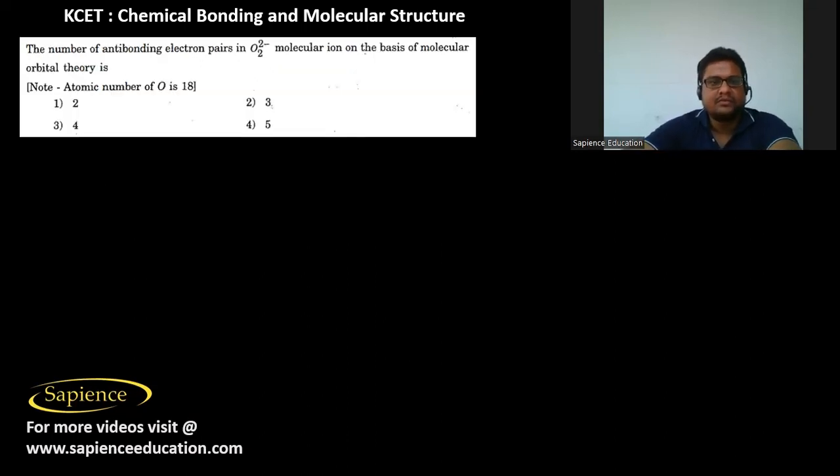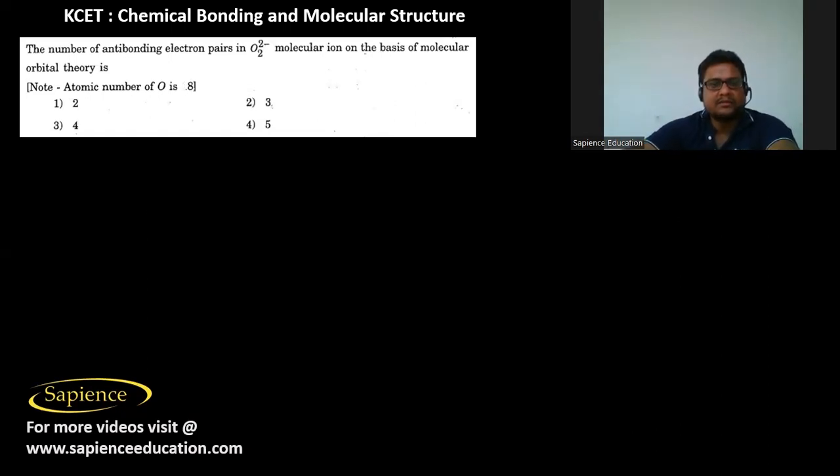Then here it is told the number of antibonding electron pairs in O22 minus molecular ion on the basis of molecular orbital theory is. Now here it is told something wrong, that the atomic number of O is 18, which is wrong.